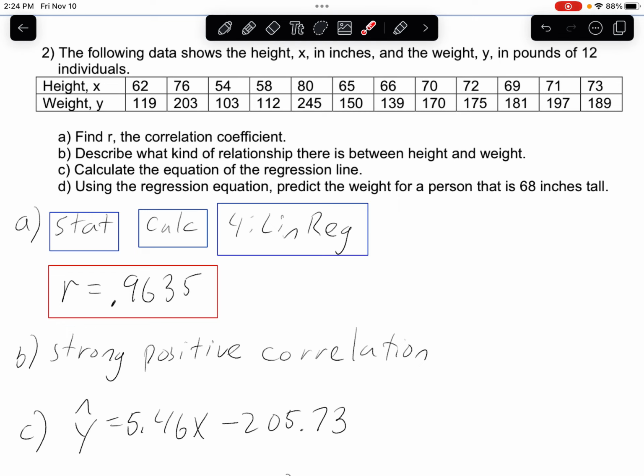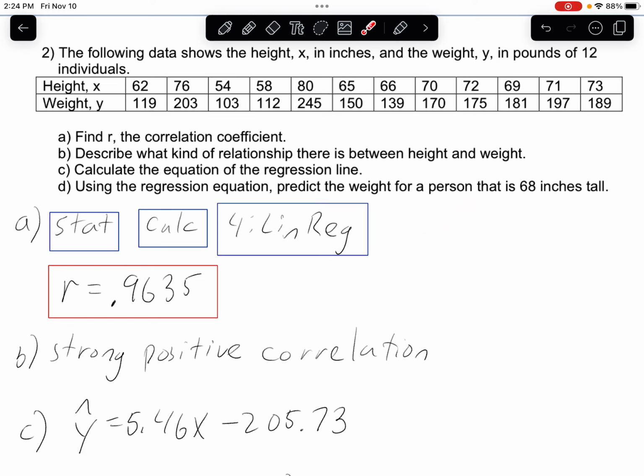If instead of 68 it asked us to predict the weight for someone who was, let's say, 45 inches tall, the minimum value for x here is 54. So anything less than 54 is not a good predictor.